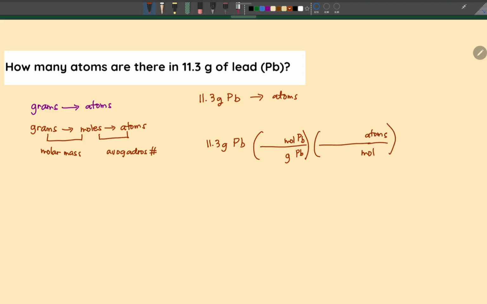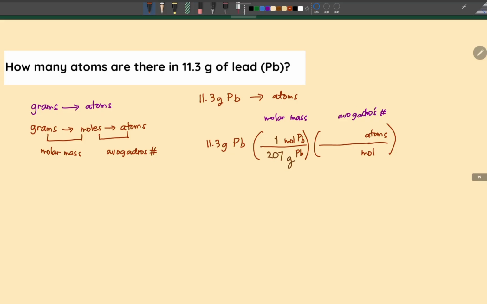Okay, so we start with the molar mass, then Avogadro's number. For the molar mass, you just have to look at the periodic table. That's Pb 207. So for every 1 mole, we have 207 grams.